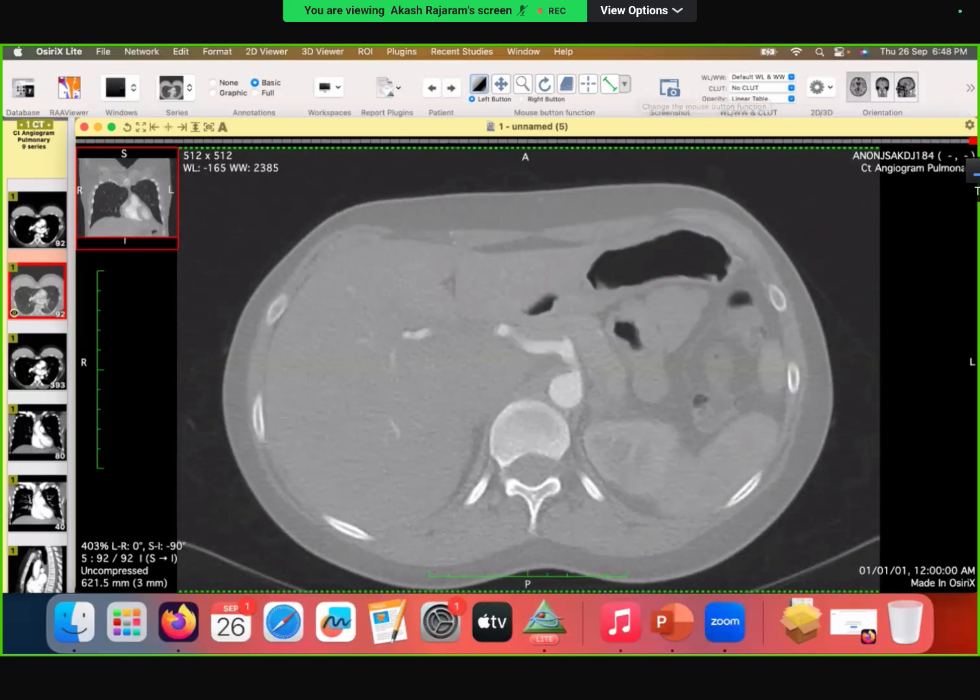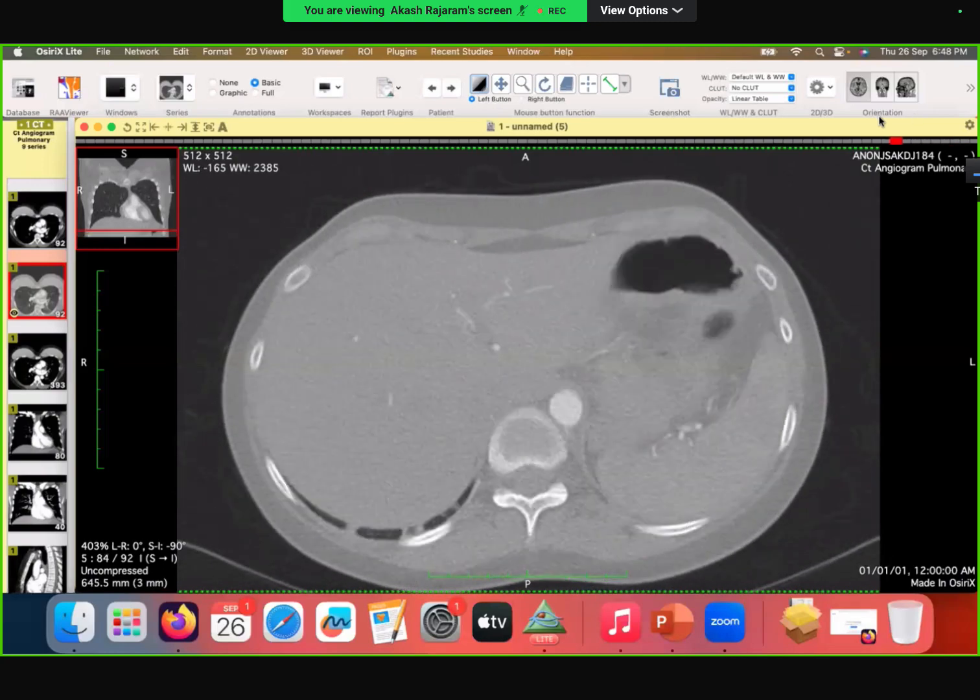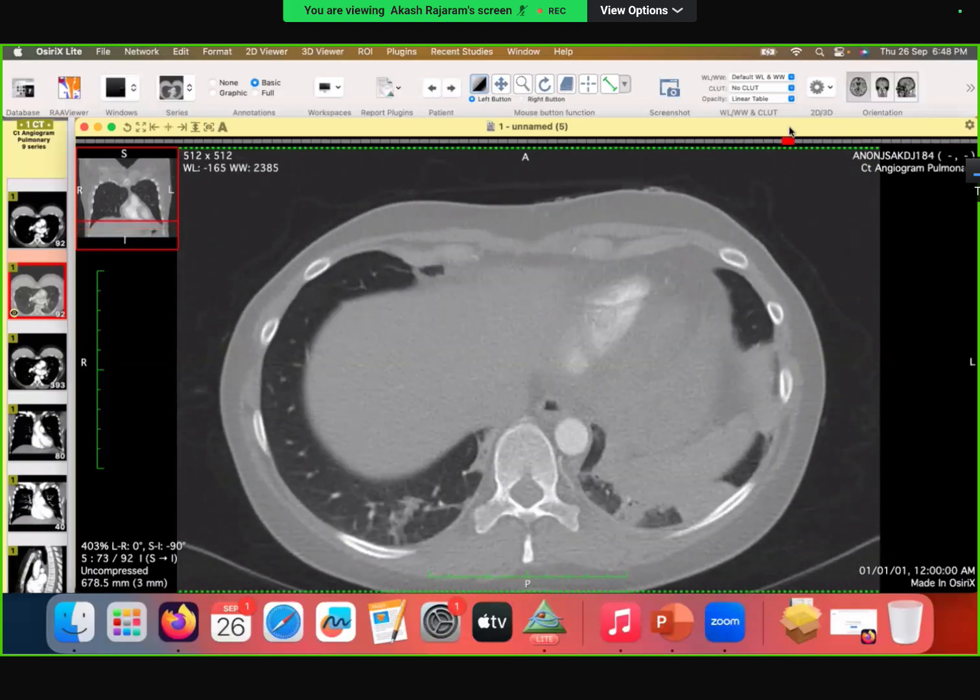Well, endobronchial lesions like endobronchial carcinoids, maybe, or endobronchial hematoma, also cancer, but I can't see any other features of malignancy in this image. Also can cause lower lobe collapse.